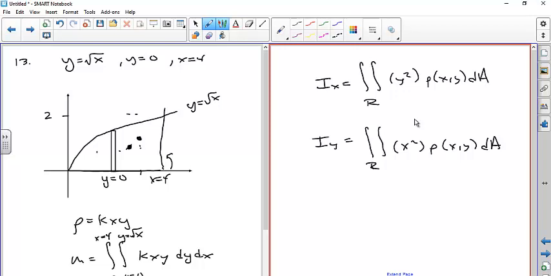And again, these are for what are called lamina, which means that if you looked at them from the top, they look like a two-dimensional object, but they have a thickness, and that thickness would have a constant density at a particular location. The density would stay the same.